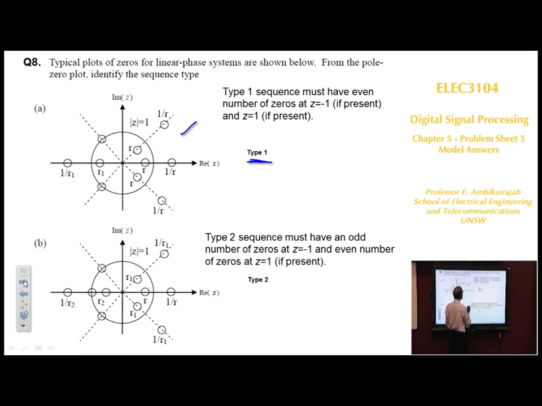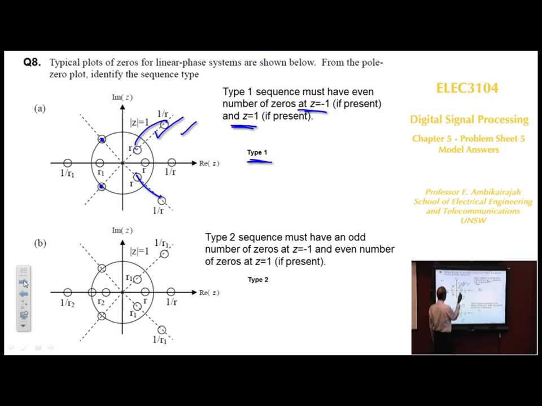It is type 1. The reason is type 1 sequence must have even zeros at z equal to minus 1 and z equal to 1. So we got for linear phase the reciprocal of that, so that's done. And you have got 1 on the unit circle, reciprocal of that is 1 over 1 is 1, so that's okay.